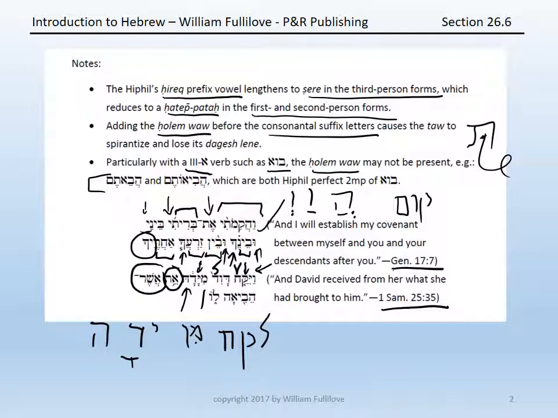Asher, the relative pronoun. What? Hevi'ah, Hiphil perfect, third feminine singular of bo. And again, in the perfect, remember that you don't see vowel classes. You always see the hireq yod of the Hiphil. So what she had brought, what she had, if you want to be wooden, made come, lo, to him, what she had brought to him.